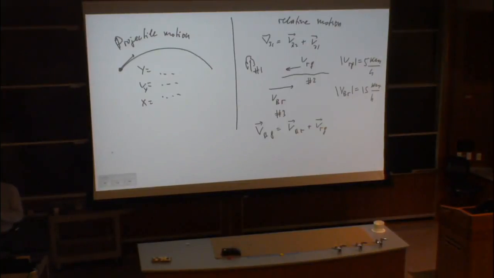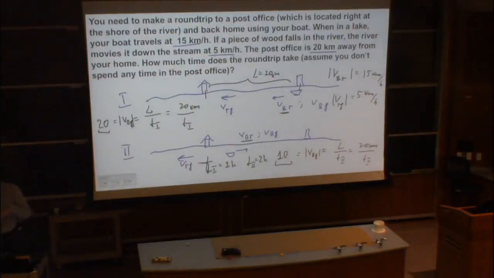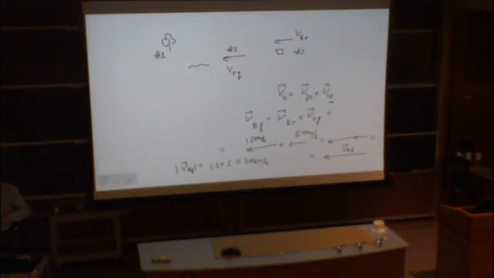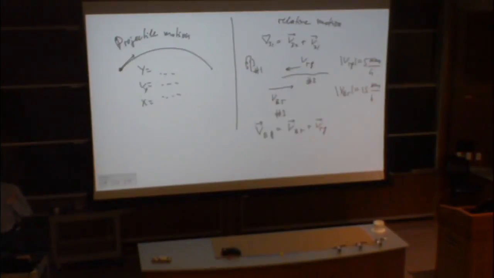And if you remember what we've done a minute ago, so far there is absolutely no difference between what I've been writing 5 minutes ago and what I'm writing now. The difference is not in equations. The difference comes now when we start using the equations, because we need to add 2 vectors, boat relative to the river plus river relative to the ground.